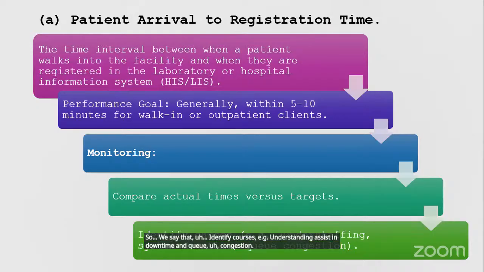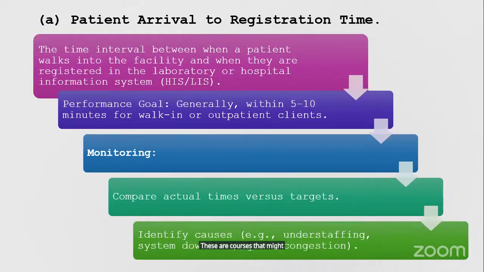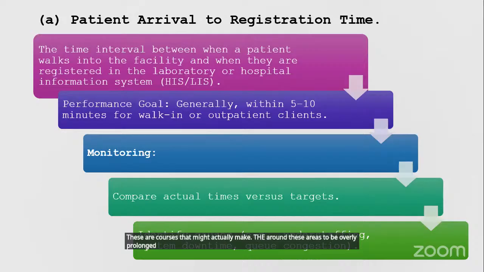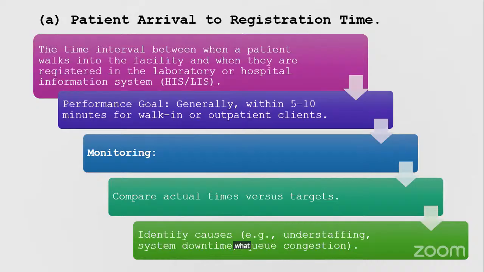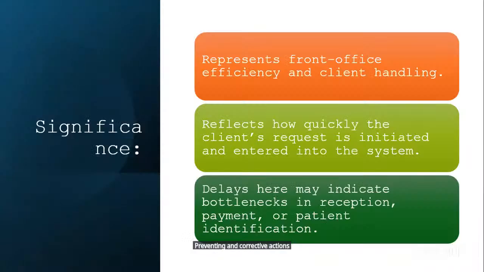These are causes that might actually make TAT around these areas to be overly prolonged. And it's our responsibility to make sure that we know what those causes of prolonged TAT are, and we sort them out with preventive and corrective actions that we put in place.